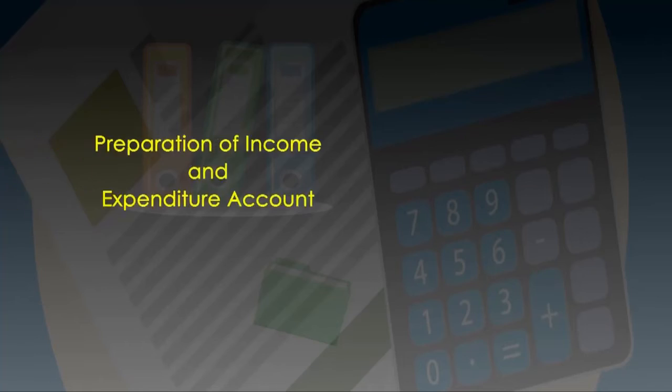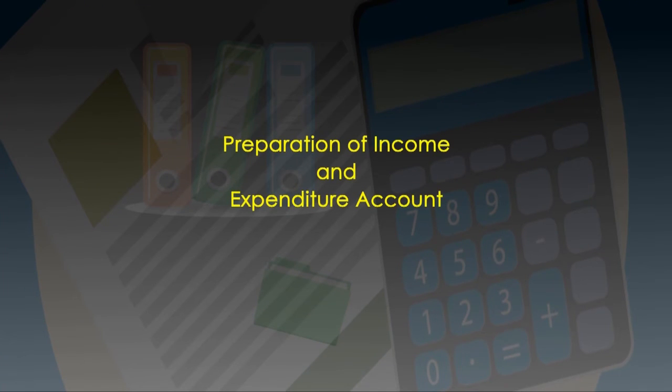Income and expenditure account is a nominal account. Therefore, the rule of nominal account, that is, debit all expenses and losses and credit all incomes and gains, is followed while preparing it.